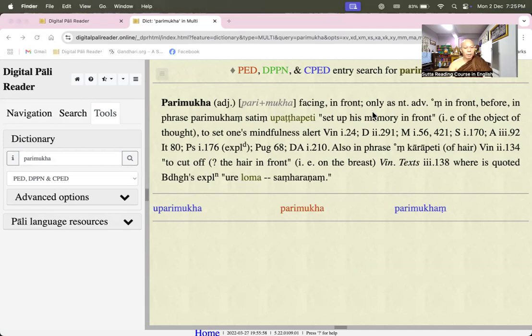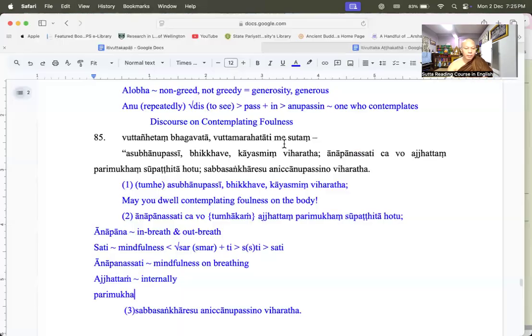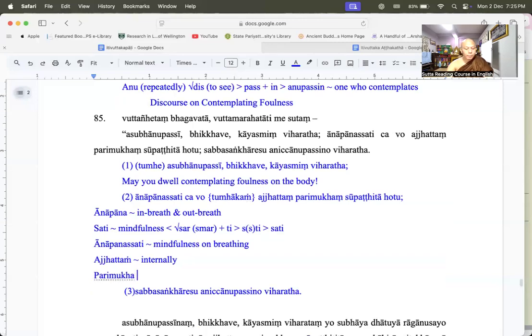So the literal meaning of that one has many meanings, but based on the context it can be understood. So facing or in front or maybe before. Okay, now which one is better to understand? When we translate the whole line, that will be clear to us.